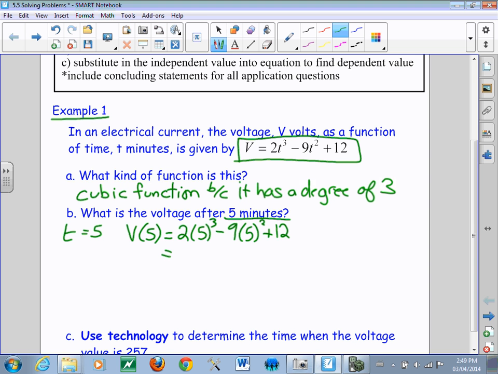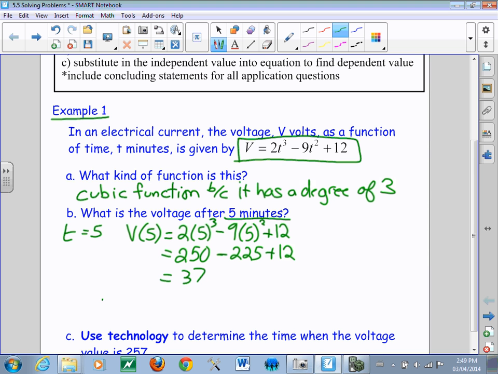Do some calculations here. You're going to get 5 cubed is 125 times 2 is 250. Subtract 5 squared is 25 times negative 9 is negative 225. And again, just plug it in your calculator, folks, okay? And to simplify this, you should end up with 37.